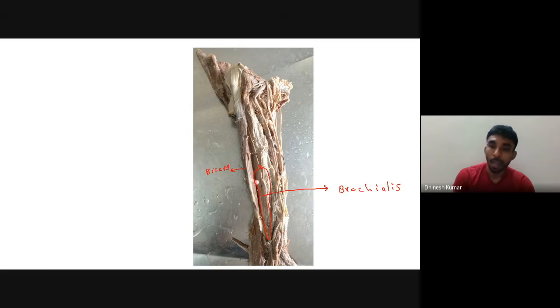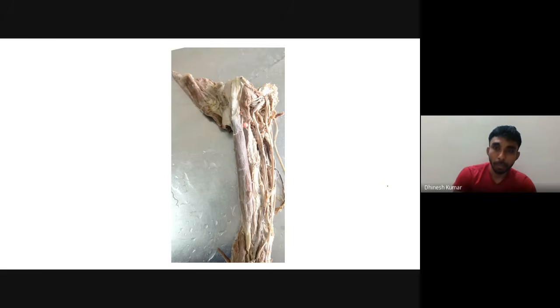One more possible muscle that can be pinned in the front of arm is the muscle I am marking now, which is present only in the upper part of arm. Which muscle am I talking about? Exactly, coracobrachialis. So biceps brachii, then brachialis, then coracobrachialis.